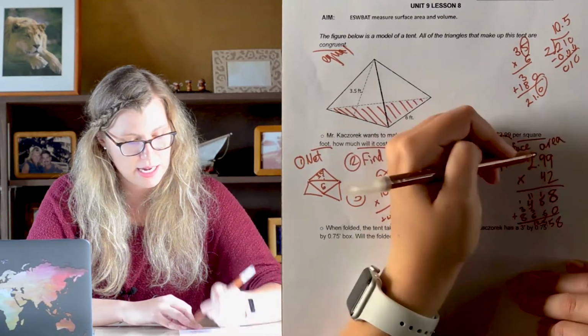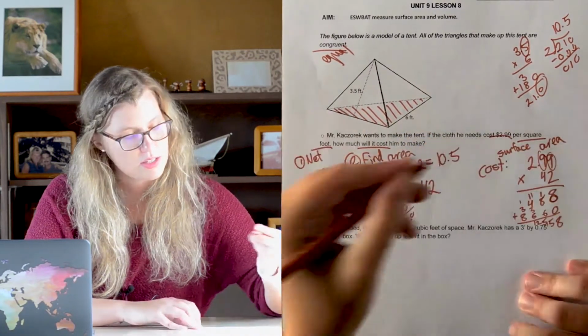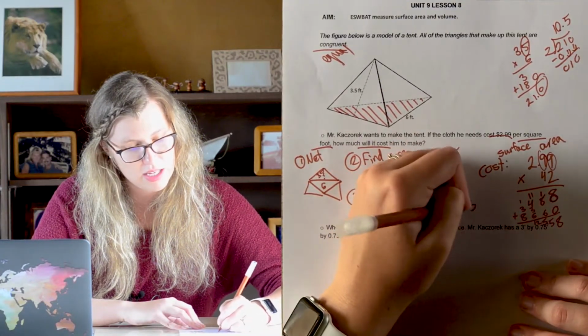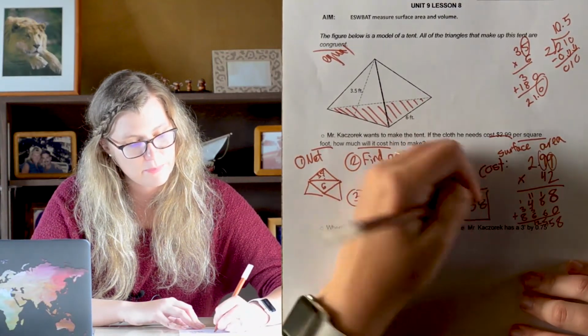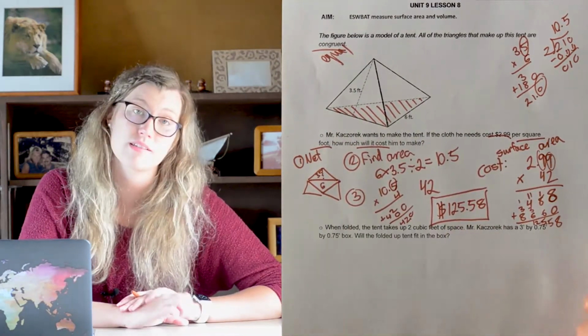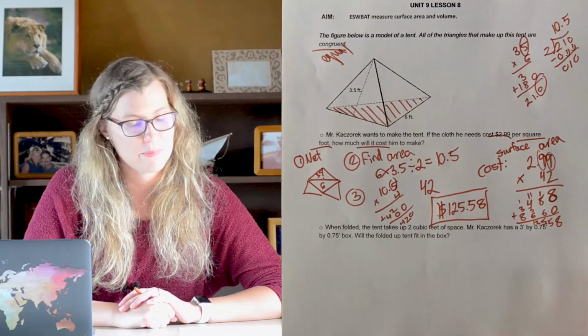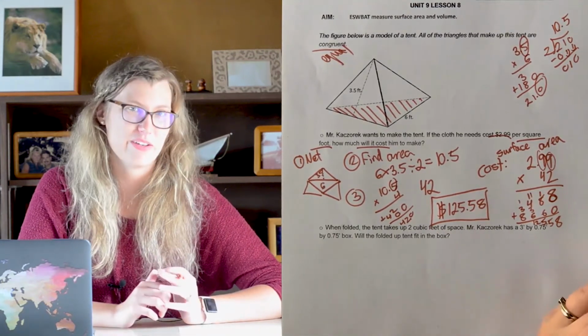Okay, and I have 2 behind the decimal, so the total cost is going to be $125.58 because each one costs $2.99 and I had 42 of those square feet. So the first problem was surface area.